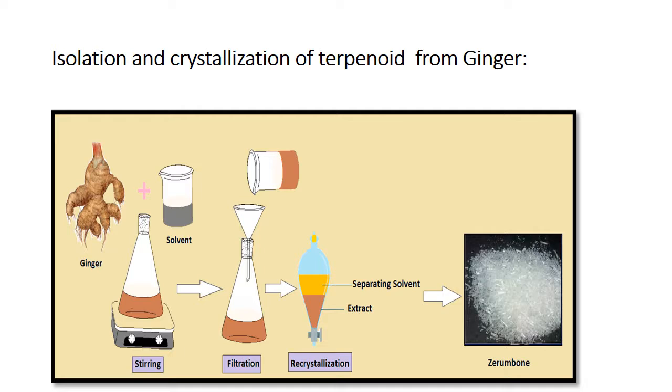Here also two layers form. The upper layer, the separating solvent, we can collect in another beaker, and the extract we collect in the first beaker. In this extract there is a terpenoid present, which is allowed to recrystallize, and in crystal form, the fine crystals, you can collect the terpenoid present in the ginger.